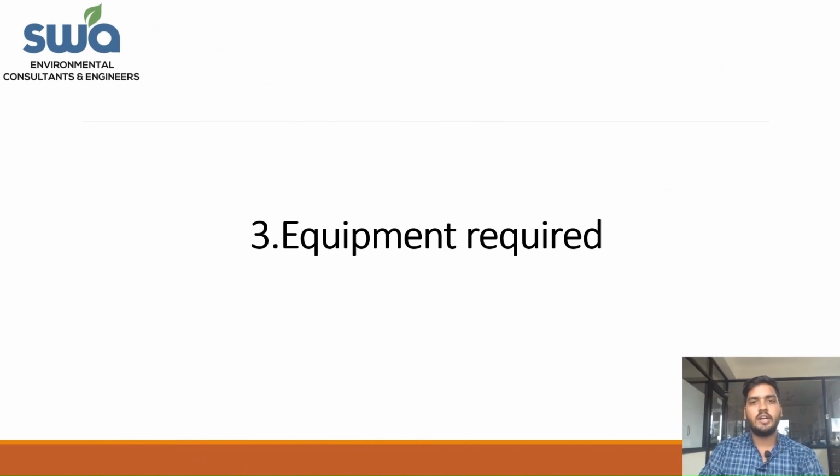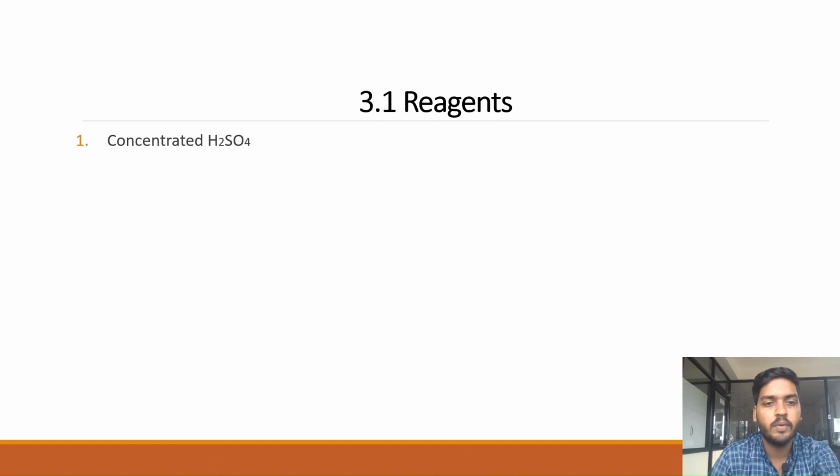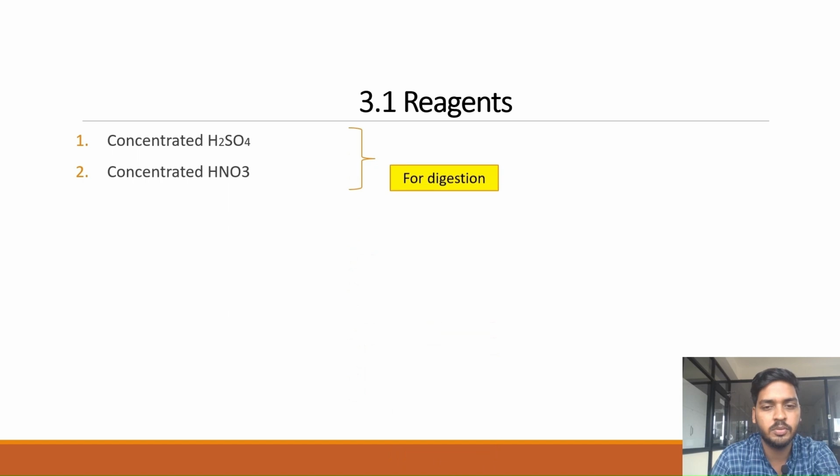Now let's understand the requirements of equipment, like reagents, instruments and glassware, needed to perform the procedure. First, the reagents we will require in this process: concentrated H2SO4 and concentrated HNO3. These concentrated acids are required for the digestion process.